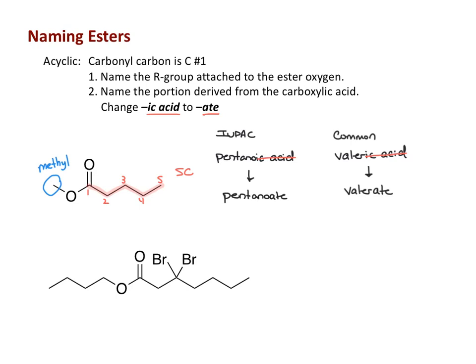In this case, there's no substituents on the chain to deal with. All we have to deal with is the group on the oxygen. So for the IUPAC name, we would just start with the methyl and add pentanoate.